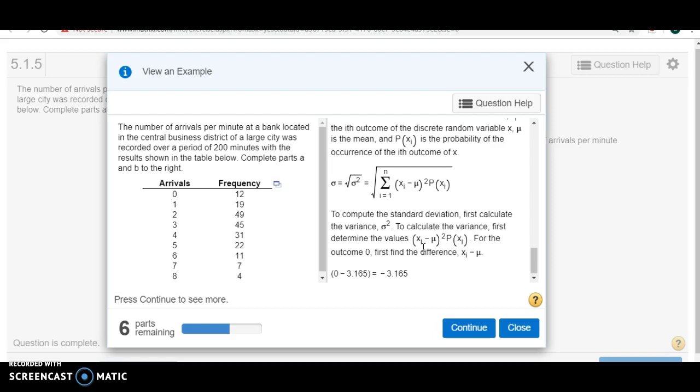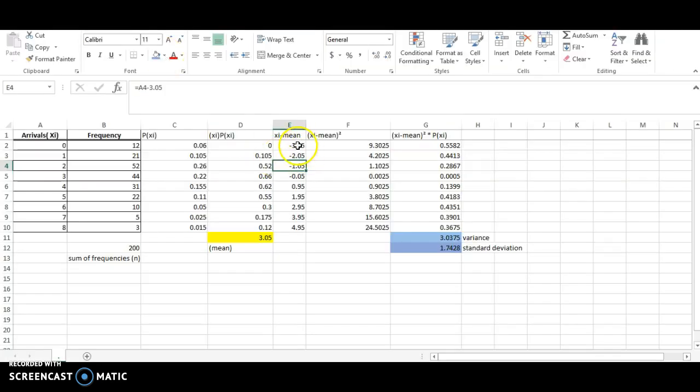Then we need to square it, so each of these numbers we square. Remember, a negative number times a negative number gives a positive answer. For each xi minus the mean, we multiply it times itself, or square it. This is what we have done here.